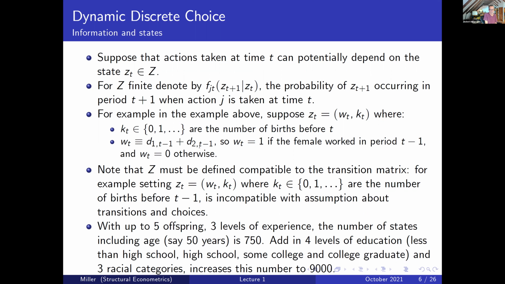Of course, summarizing work experience like this is way too simple, because it's not just work experience last period, but also the period before and maybe a few periods back, and they'll count differently depending on what you did. So this is obviously very simple. Likewise here, these are the number of births that we had.